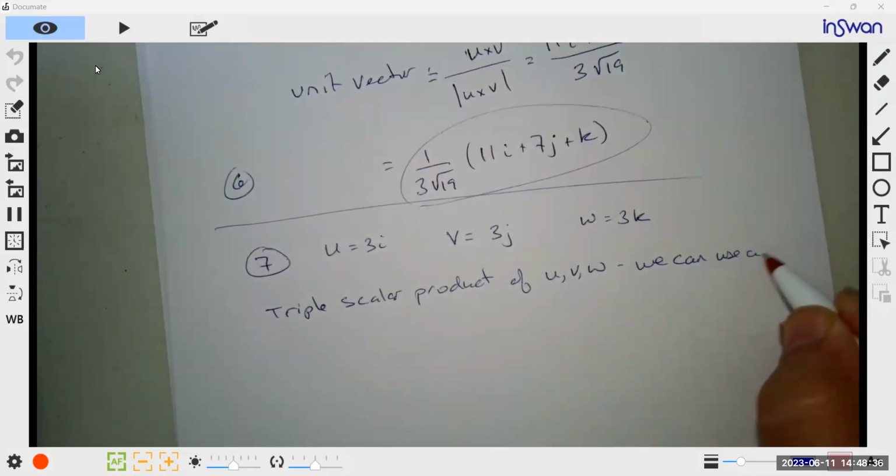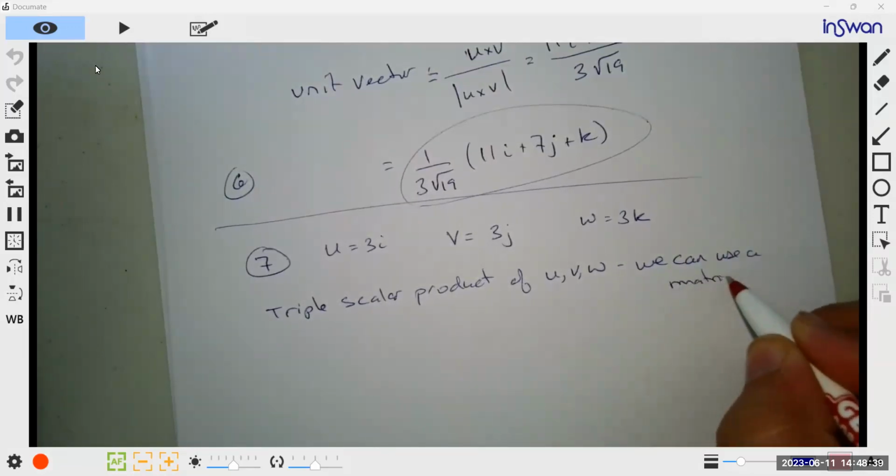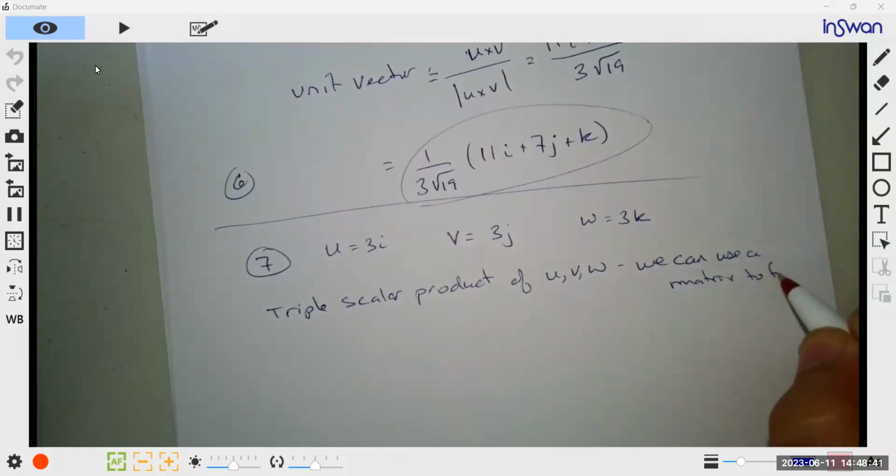We can use a matrix to find the determinant.